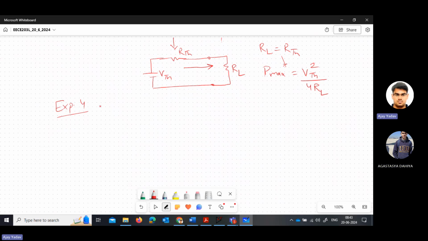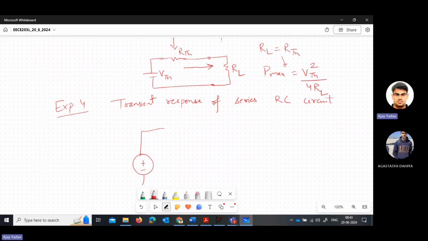The other experiment is that you have to study the transient response of series RC circuit. Okay. So in this case, either you can have a DC voltage.